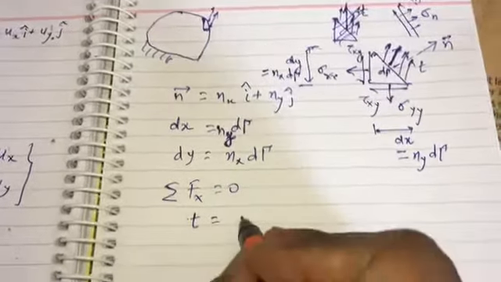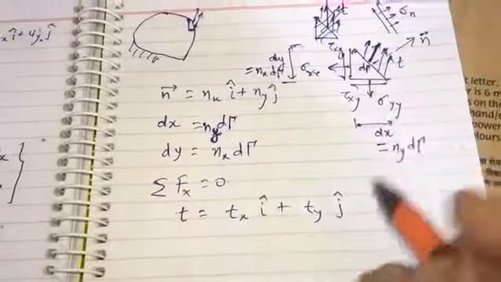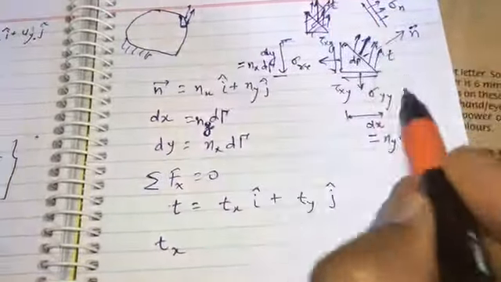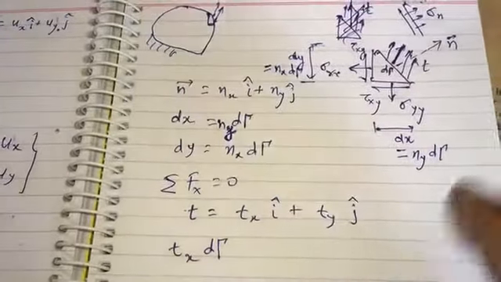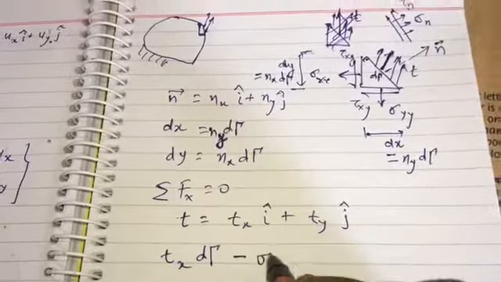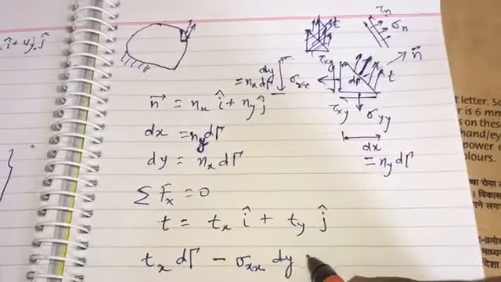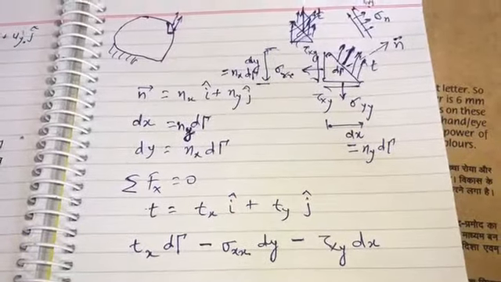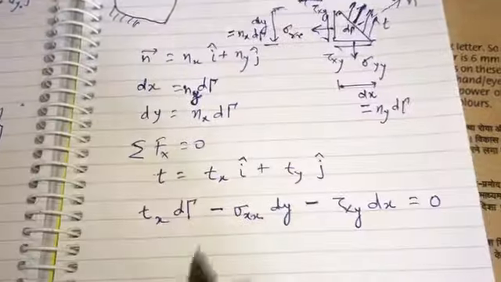Basically, just write t equal to tx i plus ty j. So tx multiplied by d gamma has to be equal to, this is all in the x direction now, minus sigma xx times dy, minus tau xy times dx. All of these have to equal 0.